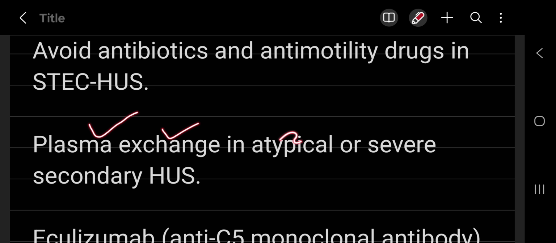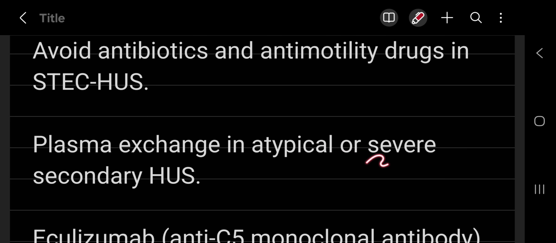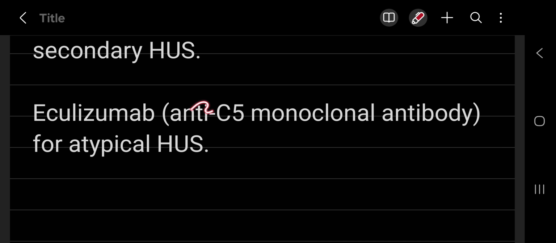Plasma exchange can be done in atypical cases, especially in atypical hemolytic uremic syndrome with no diarrhea. In such cases, you should go for plasma exchange, especially if it is complement mediated. So initially you should go for plasma exchange in atypical hemolytic uremic syndrome.